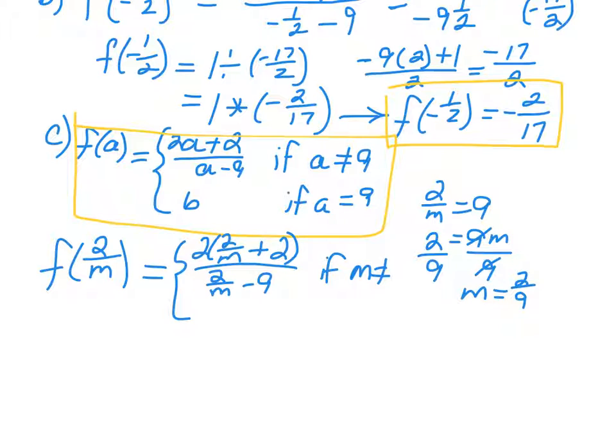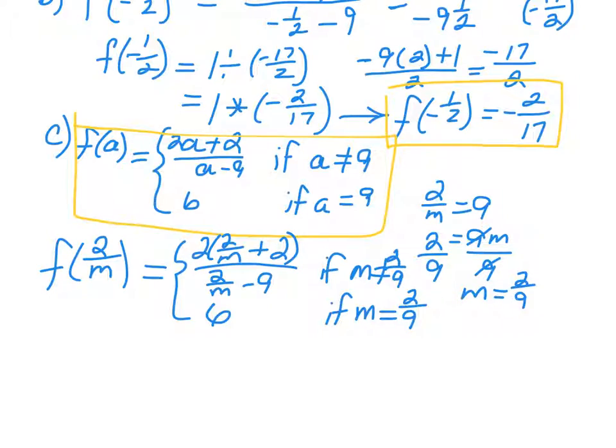So as long as m is not equal to 2 over 9. And if m is equal to 2 over 9, then again the value of the function is going to be 6. So all you're doing is replacing whatever the variable is with whatever the new expression is that we've been given.